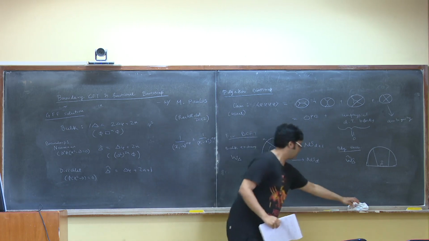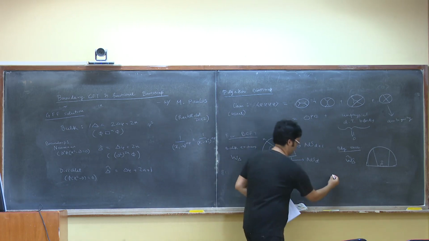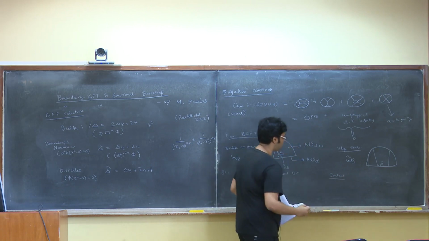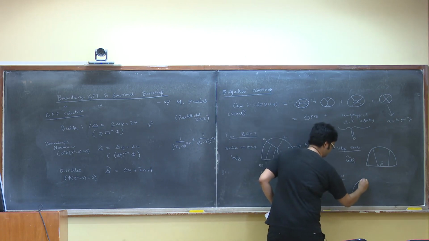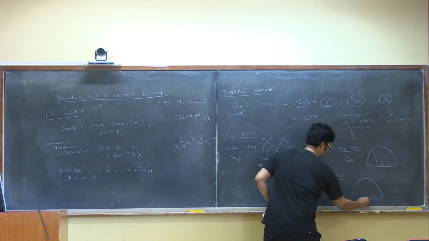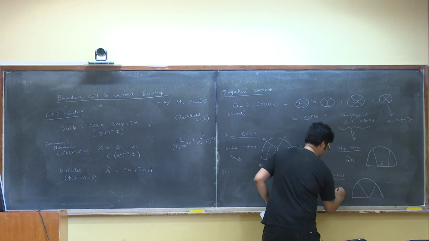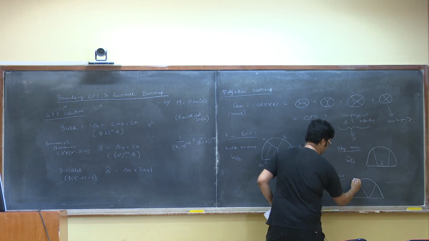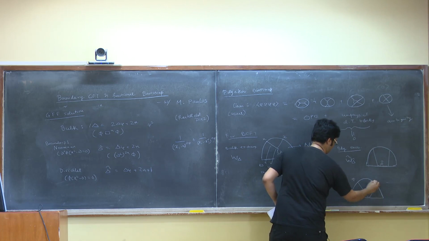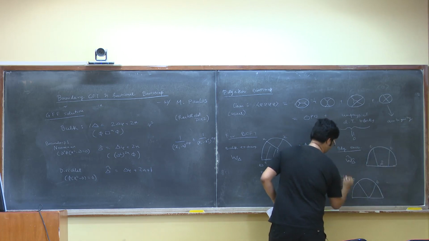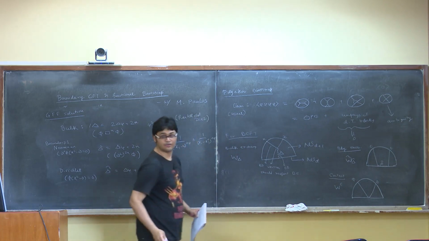Finally, the final tree-level diagram that I can have is a contact diagram, which looks like the following. I'll call it WC, the contact diagram.